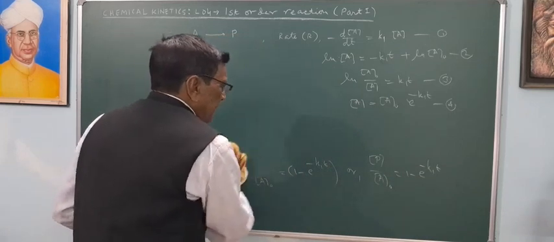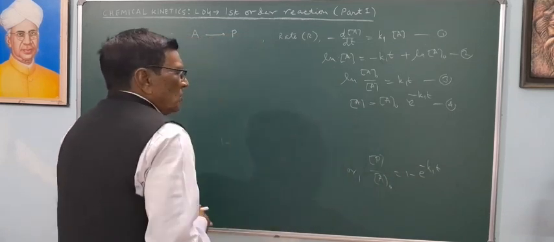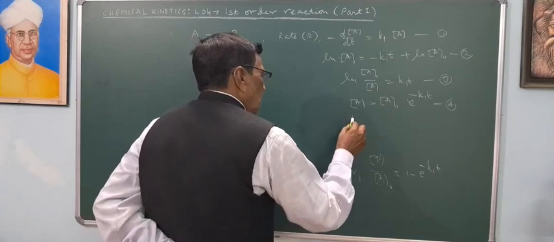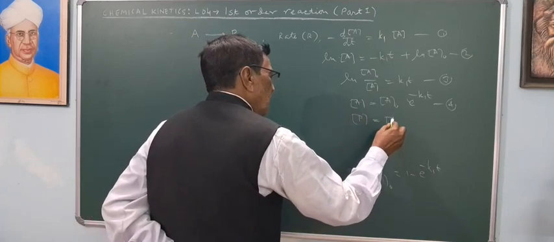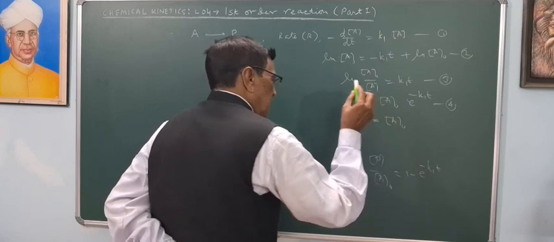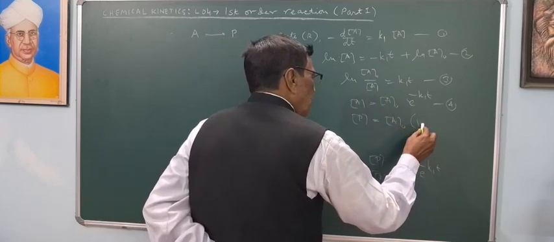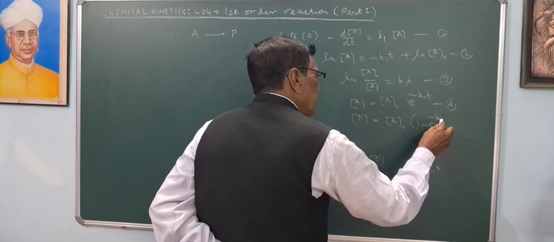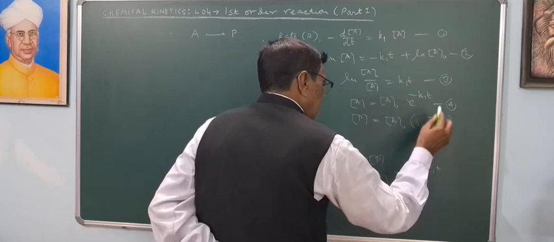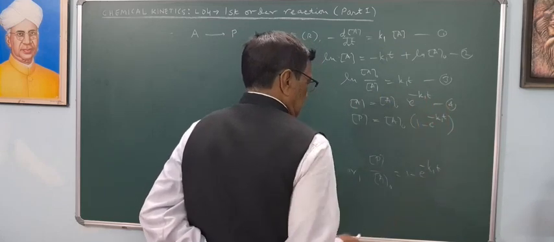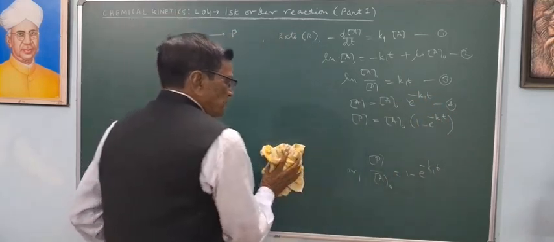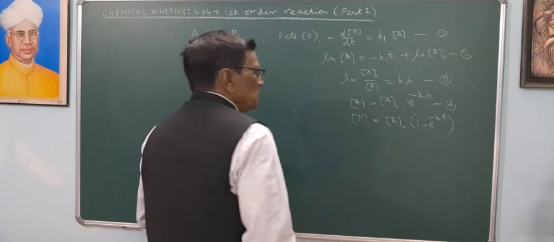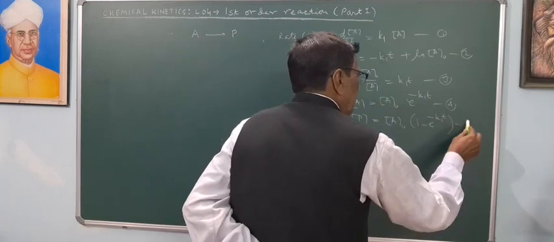So this is another equation: concentration of this product equal to A naught into 1 minus e to the power minus K1T. This is equation number 5.